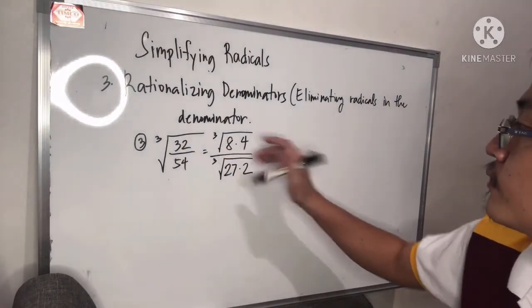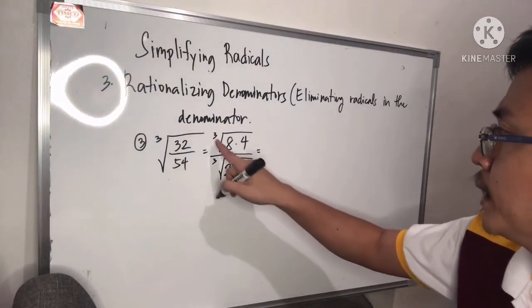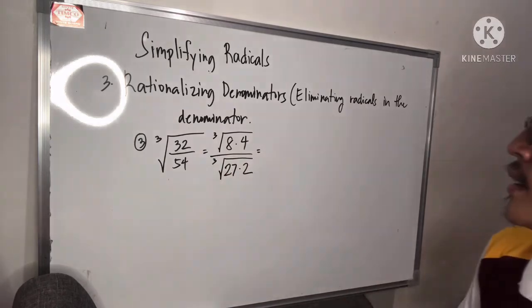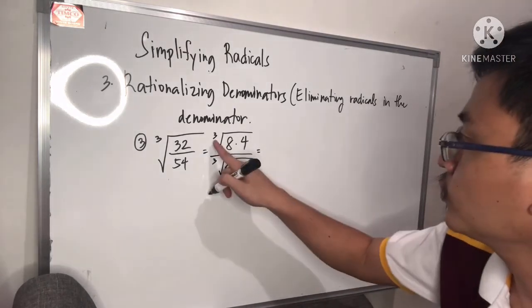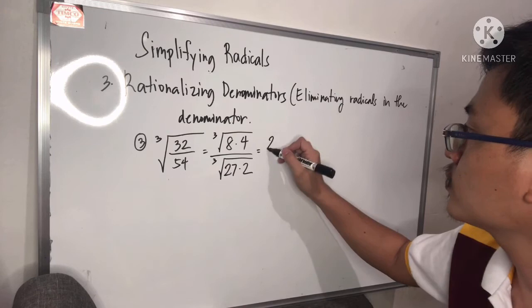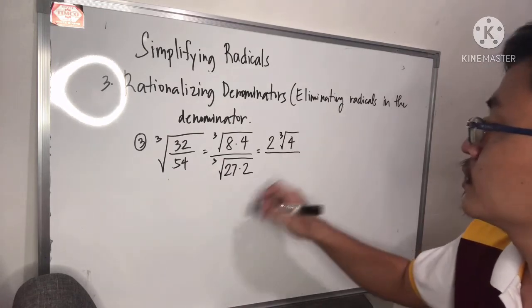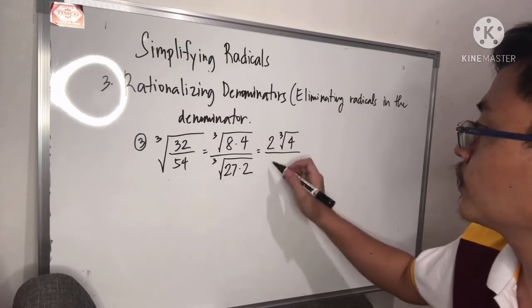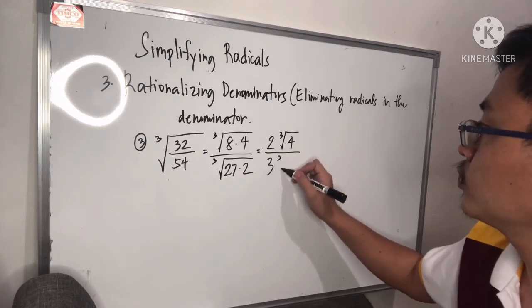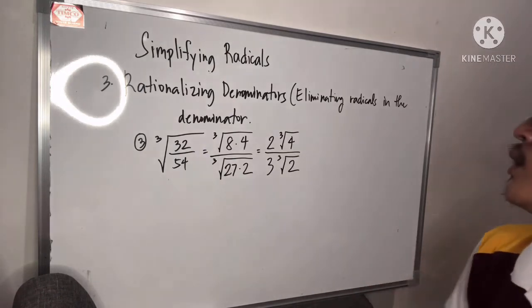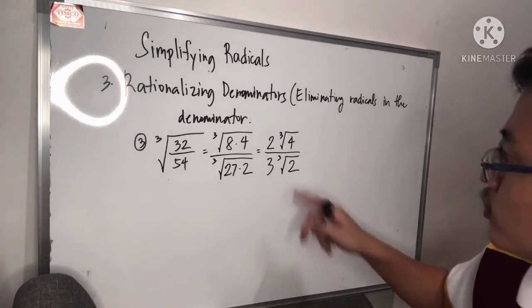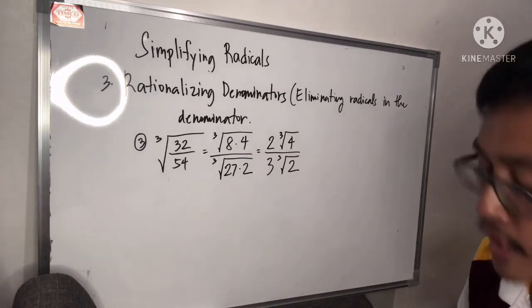So, we have, apply lang natin yung nalalaman natin sa laws on radicals. You have cube root of 8 is 2. Cube root of 4. Sa denominator naman, cube root of 27, that's 3. Cube root of 2. Yan. So, maliit na ngayon yung ating radical.